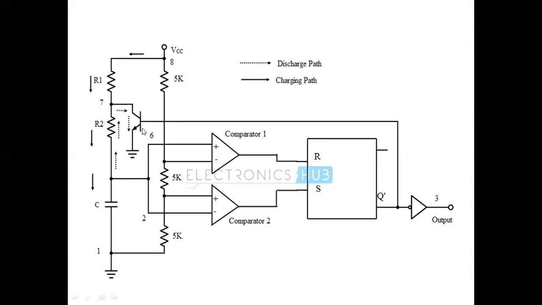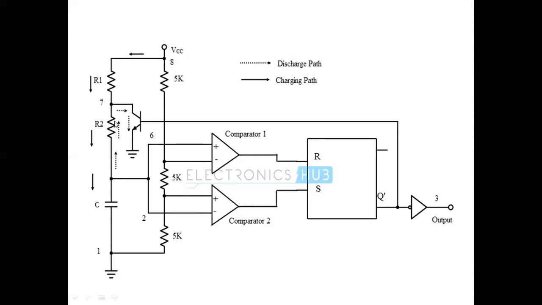The transistor being on means it is connected to the capacitor. So by the connection of the transistor, the capacitor C starts to discharge through the resistance R2 to the ground potential.